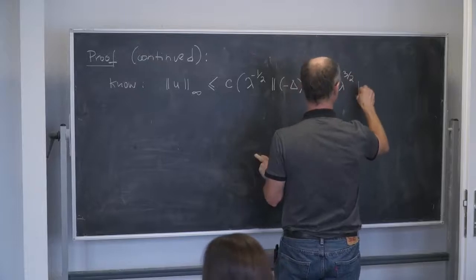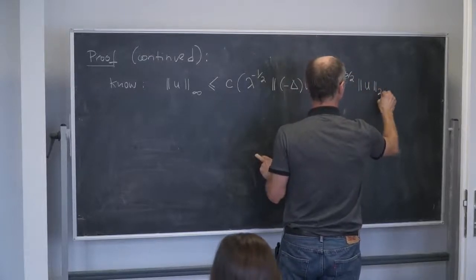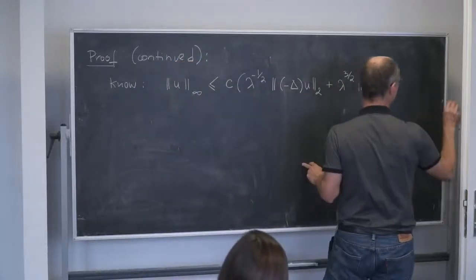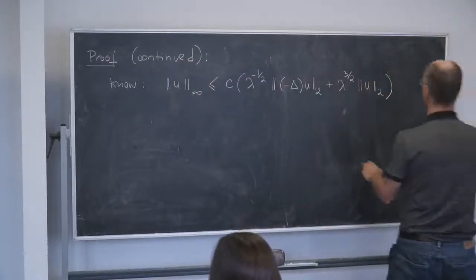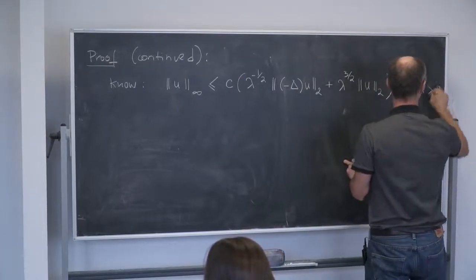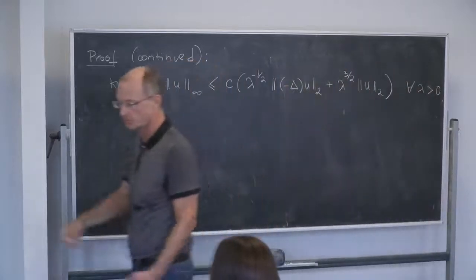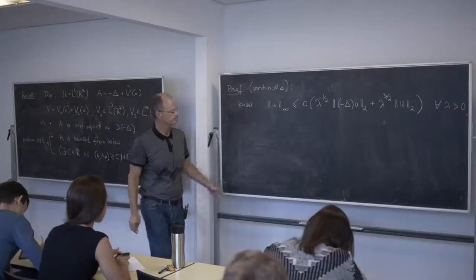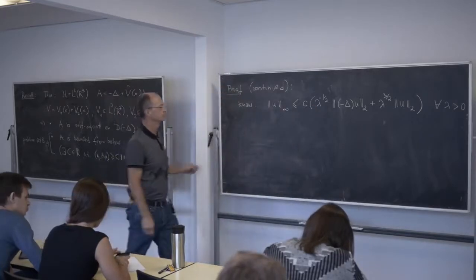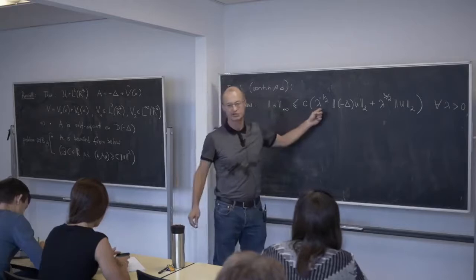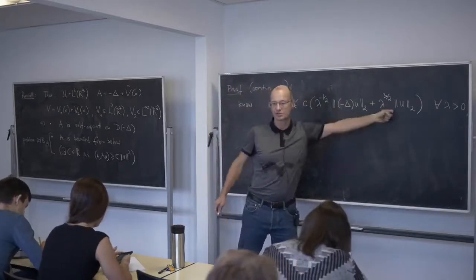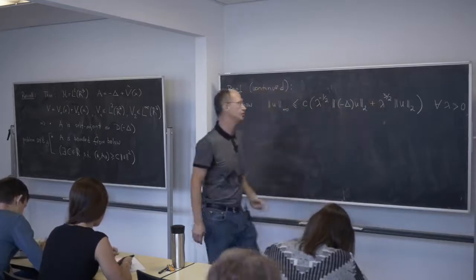Plus some other power of the L2 norm of u. And there is such an estimate for all positive lambda. So in fact, there is a family of estimates, and they are valid for all positive lambdas. Of course, one of the coefficients decreases if you increase lambda, another one increases. So there is a kind of trade-off. You can choose what you want.